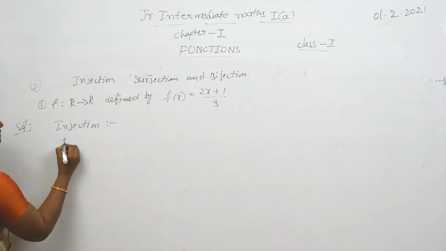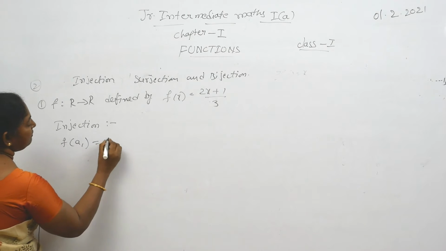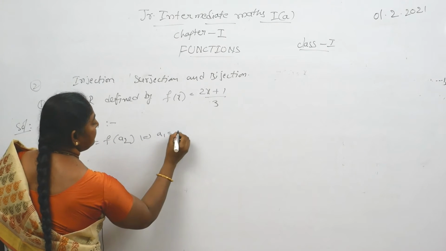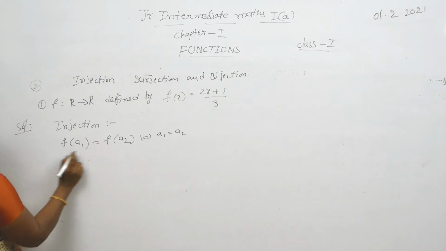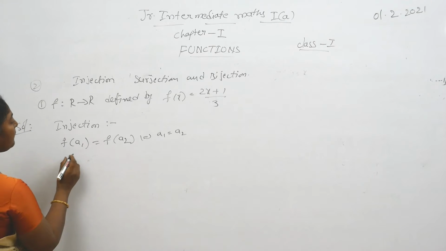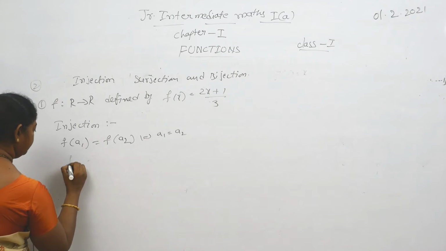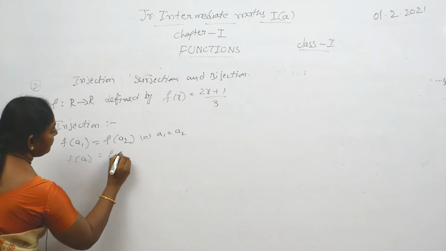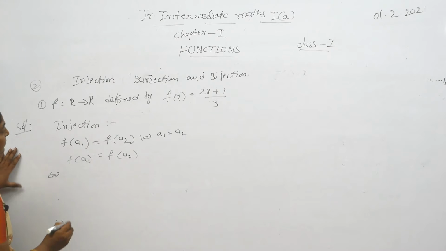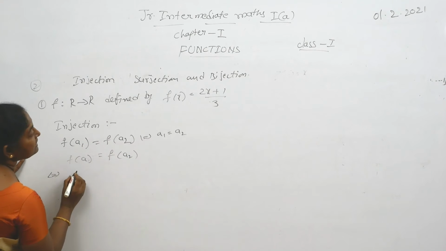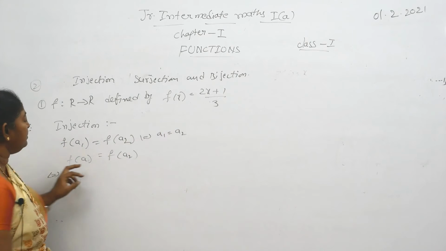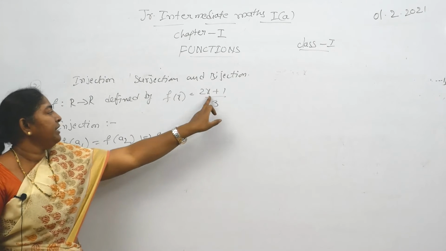Injection means f of a1 equal to f of a2 implies a1 equal to a2. So first we have to take this one. f of a1 equal to f of a2 by implication. So f of x equal to 2x plus 1 by 3. We have to substitute a value in place of x.